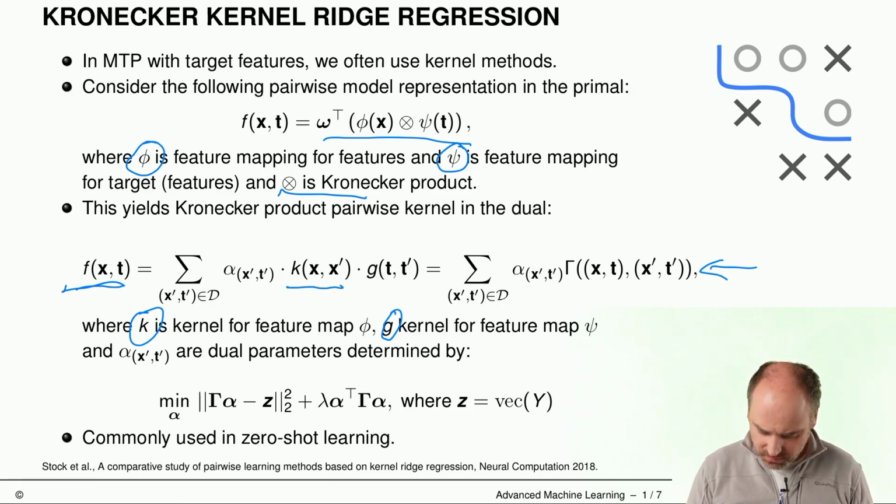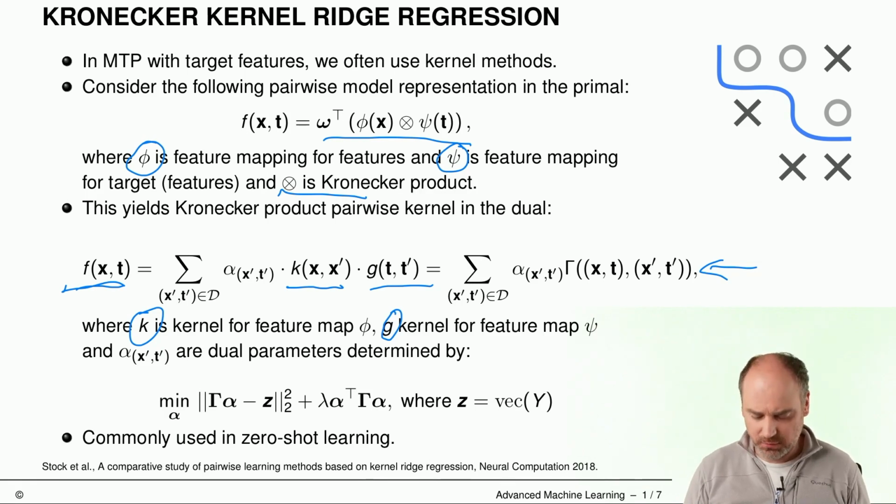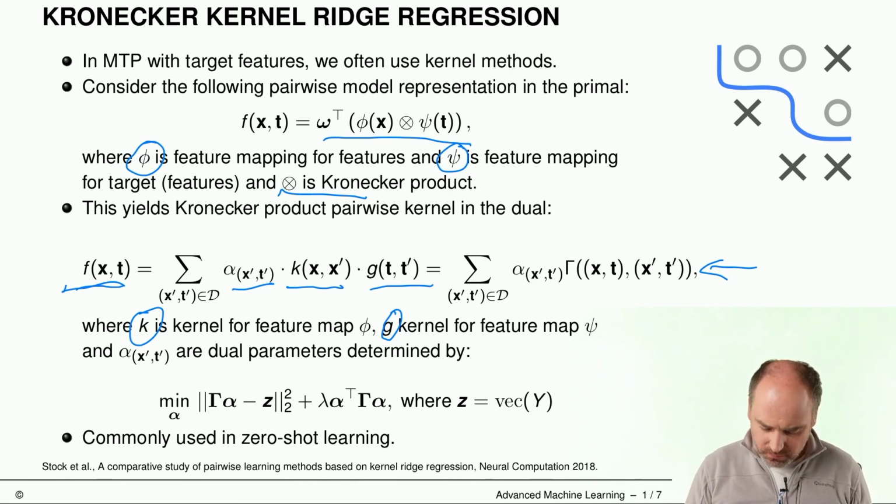In this instance we have two kernels: K acting between a pair of feature vectors x and x dash, and G acting between a pair of target vectors t and t dash. And here we have these dual parameters, which give us a linear combination of these pairwise expressions.